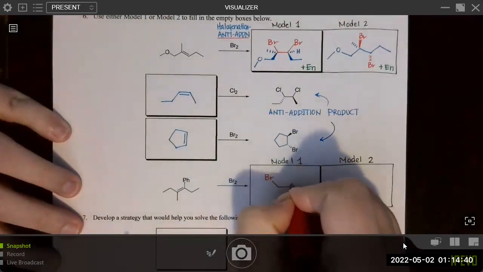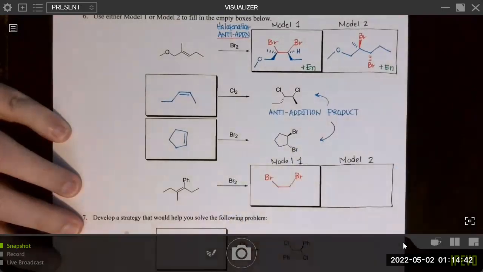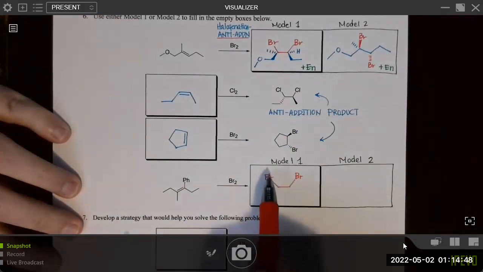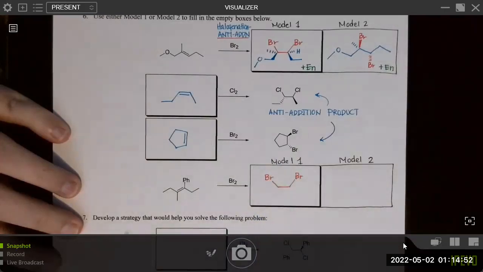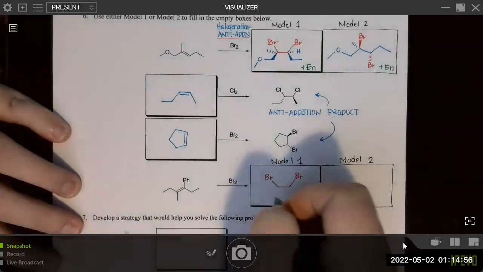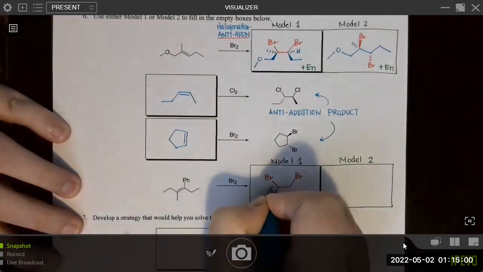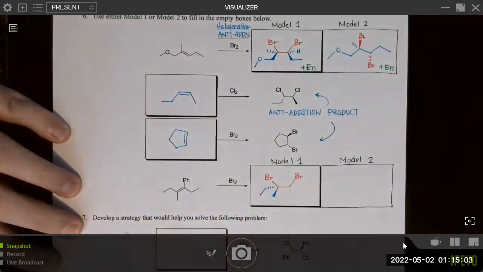Remember, we're using our first model, and no matter if it's syn addition or anti-addition, just add the two groups that are getting added across the double bond, drawn in like this with just regular lines. And then we come over here and look and see what will be coming out at you, which is methyl, what will be pointed back, which is the ethyl group.